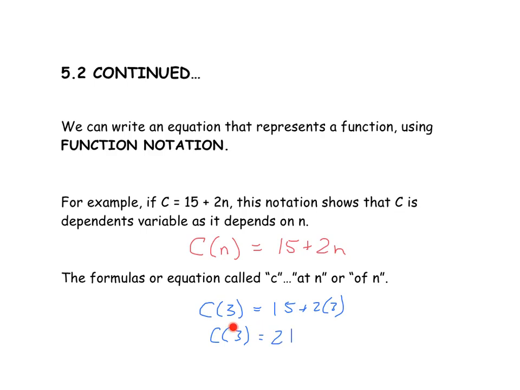So what you're describing here is that when the value of n is 3, the value of c at n equals 3 would be 21. So this is just a way to describe the value of c while still using the value of n.